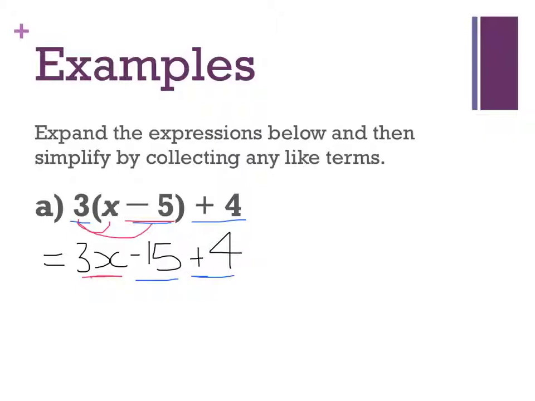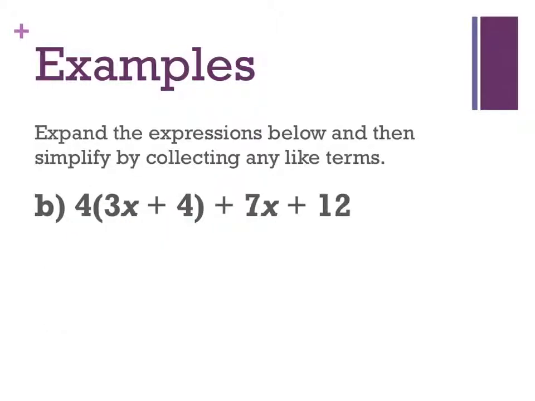A reminder, when I move from negatives and I add, my numbers actually become what appears to be smaller, or they go down: negative 15, negative 14, negative 13, and they move closer to 0. So negative 15 plus 4 becomes negative 11. So I can actually simplify by collecting these two like terms and going one step further and saying that simplified it is actually 3x subtract 11.